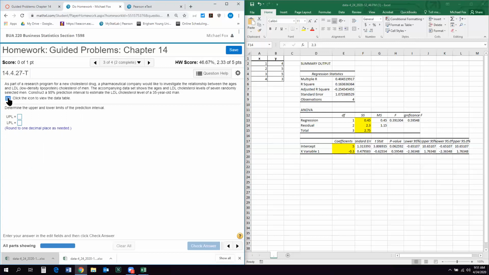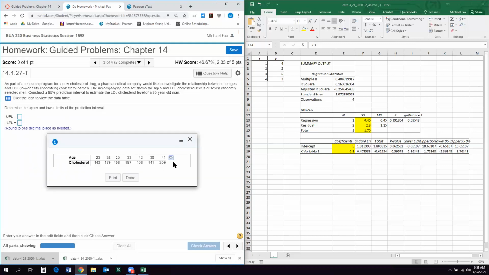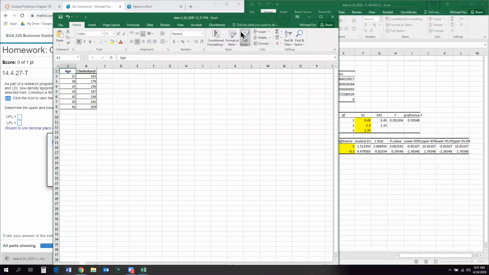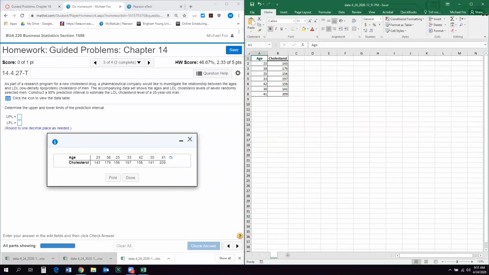Okay, so first thing we have to do, open our data set in Excel. So there's our data set, and there's going to be some formulas to deal with here.